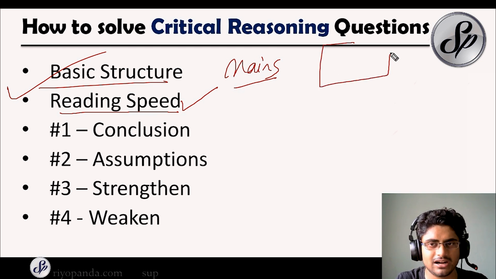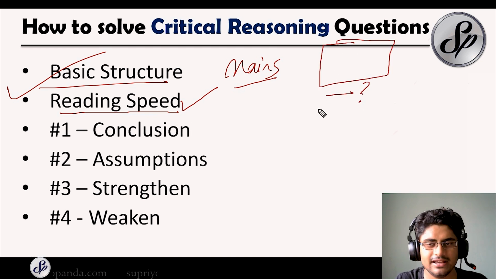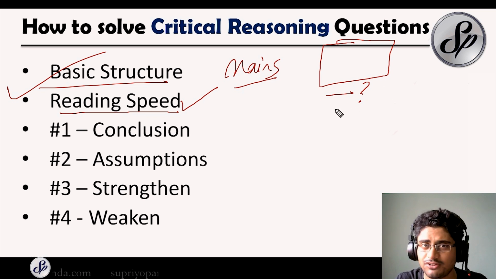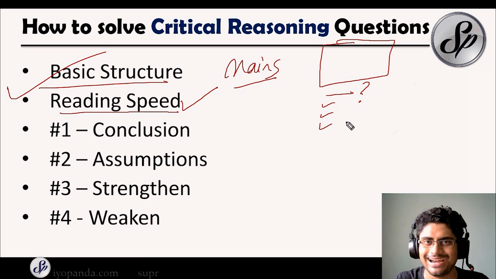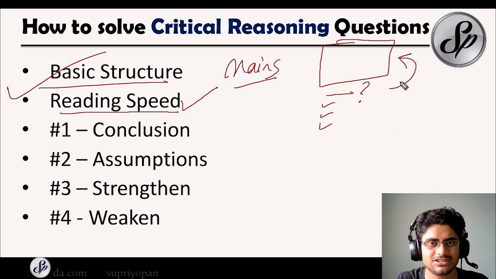There will be a paragraph, then a question. Once you find that question, it becomes much easier because you know what they are asking. And if the paragraph is too big, you can also read the options. Then you have an idea about what the passage is talking about, and you can go back to the passage and read it.